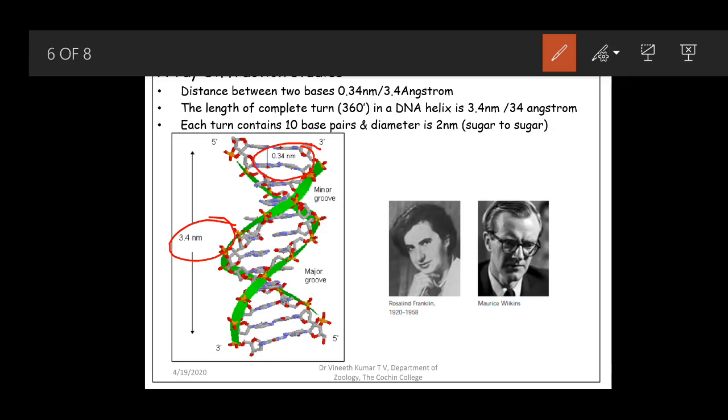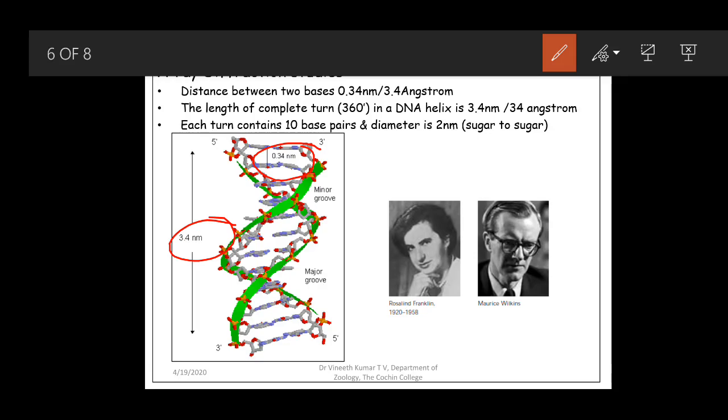These repeats were nothing but this: 0.34 nanometer is the distance between two nitrogen bases. That means, if you consider one strand of the DNA, the nitrogen bases which are above and below. There are many nitrogen bases in the nucleic acid strand, and each nitrogen base is spaced with a 0.34 nanometer difference.